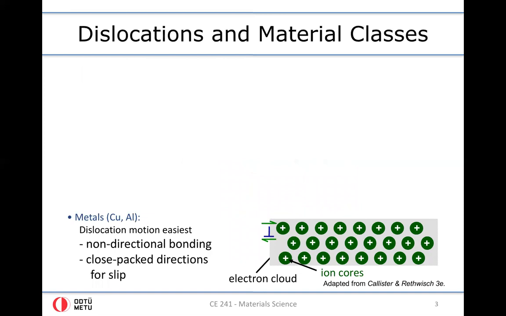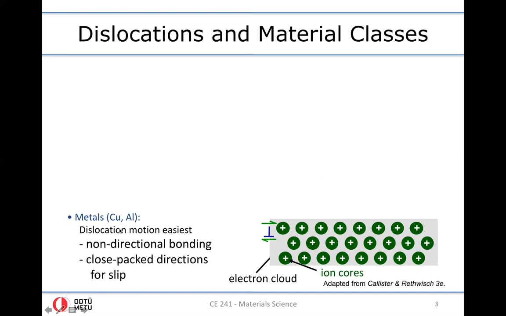First of all, metallic materials are constituted by metallic bonds, and as you know, metallic bonds is a concept that can be conceived as ion cores embedded into an electron cloud. All right.